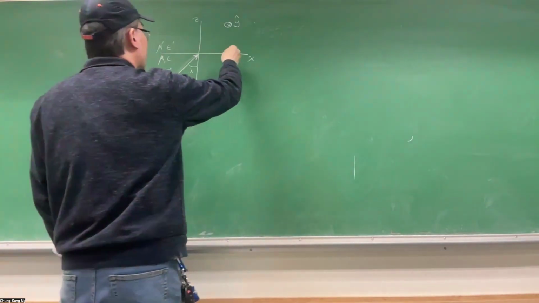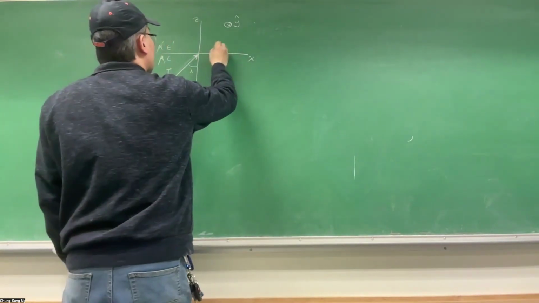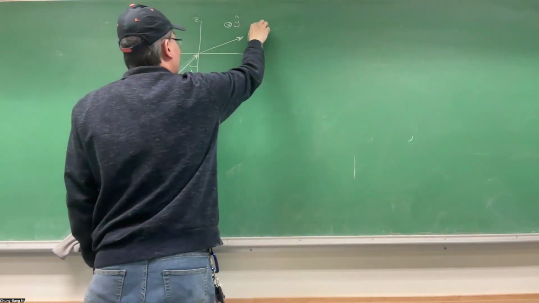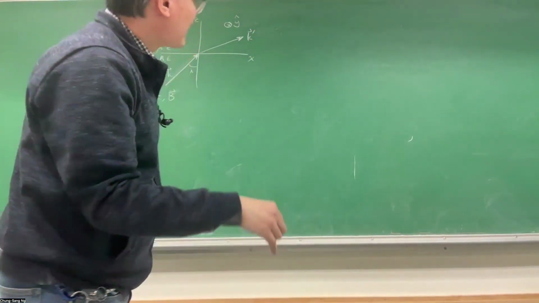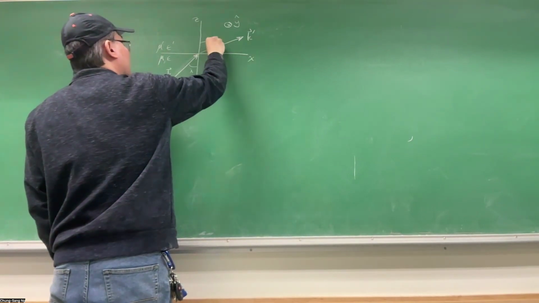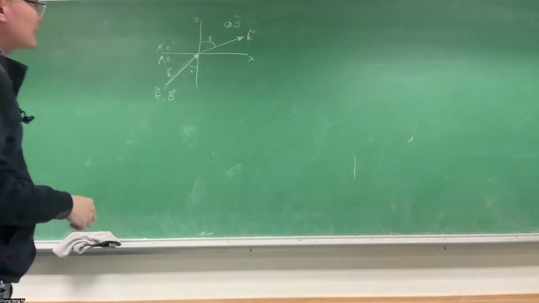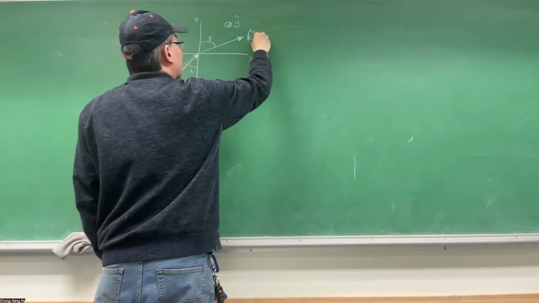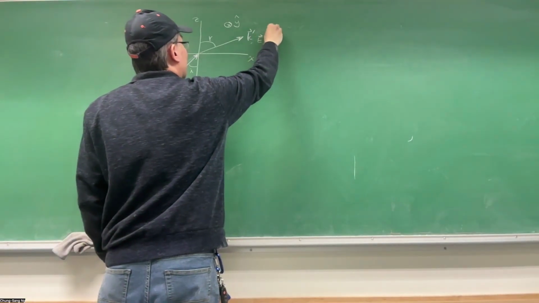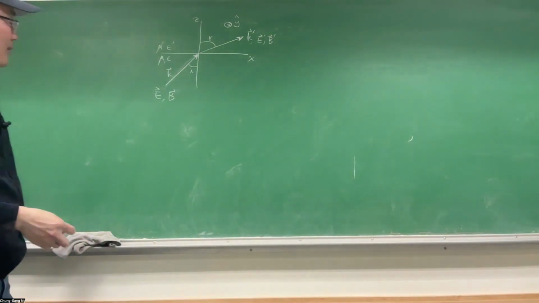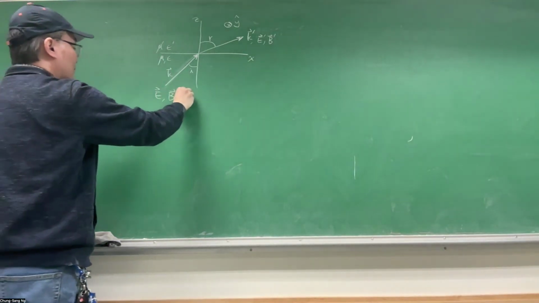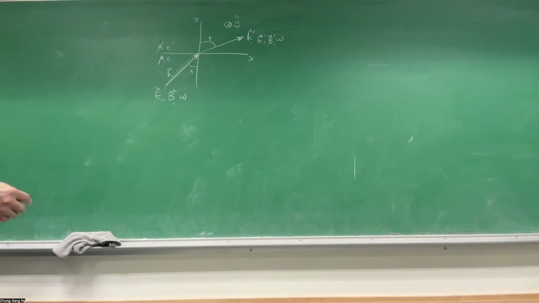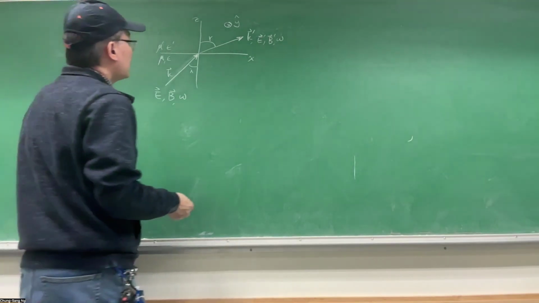Whatever the angle is, Jackson calls the new wave vector k prime, making the angle r, which is refraction. And it has the electric field E prime and magnetic field B prime, oscillating with omega, because obviously omega doesn't change. It's still a single frequency, right?